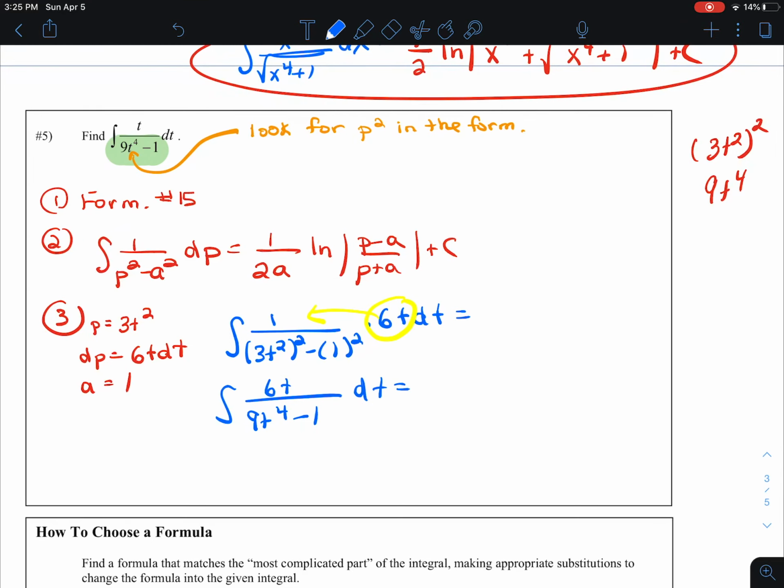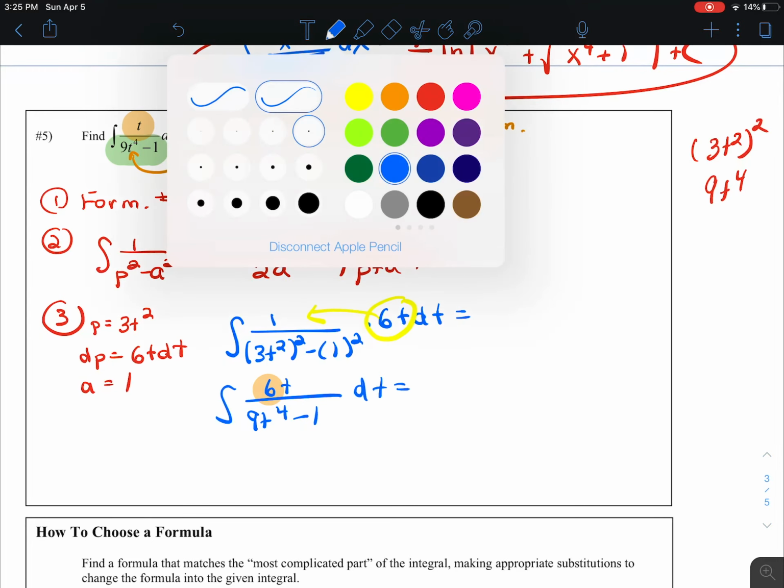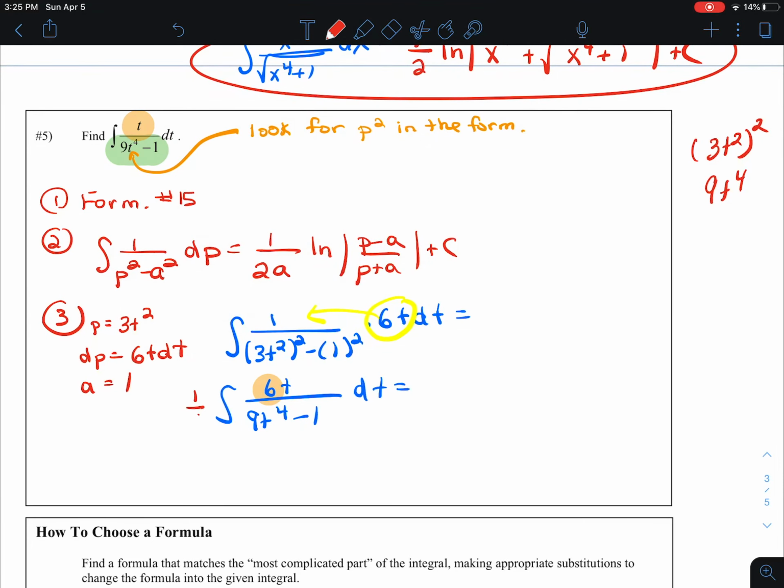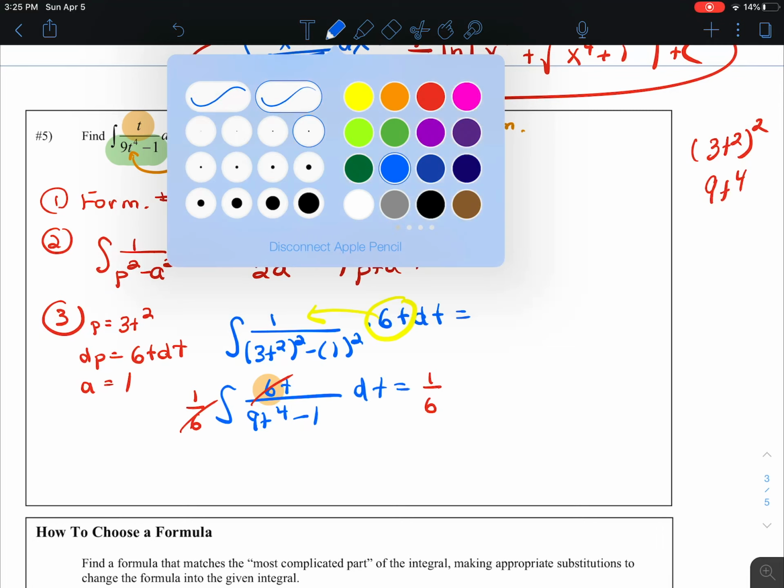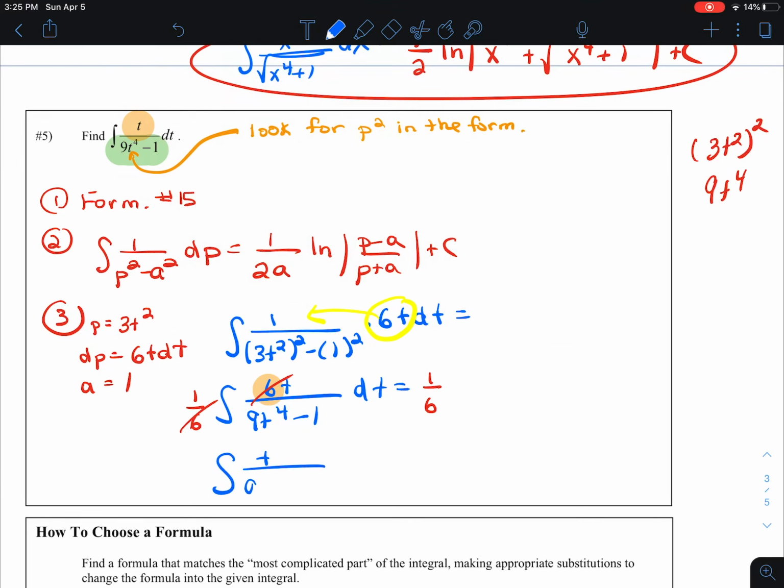That's looking good. The only thing that's not quite matching is I've got a 6 here in front of the t, and if you look at the original, there's no 6 there. But that's an easy adjustment. I can just multiply by 1/6 to get that 6 to cancel. But if I'm going to do that to the left side, I have to put a 1/6 on the right side as well. Now my left side of the formula is a perfect match with the original problem.